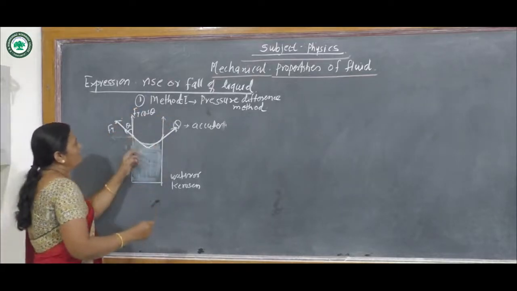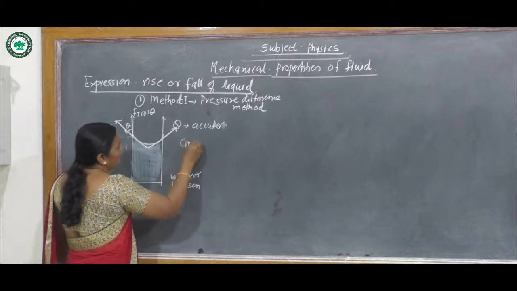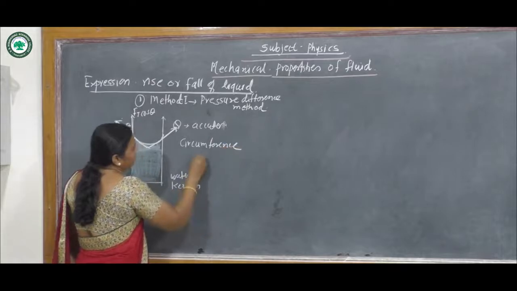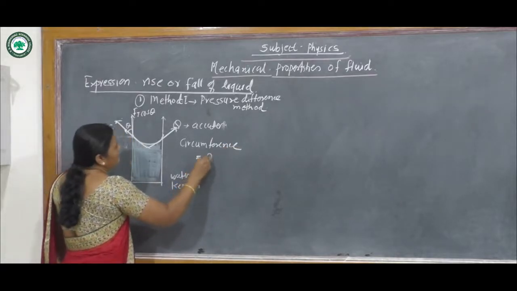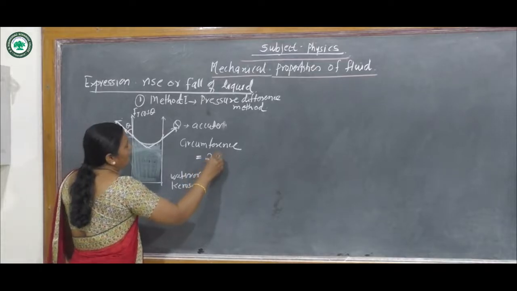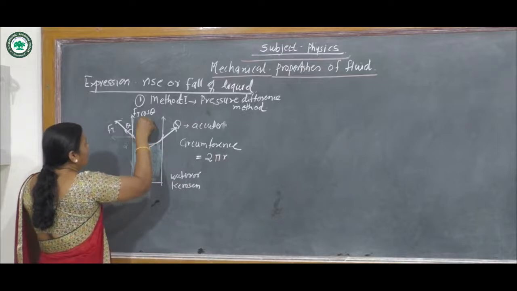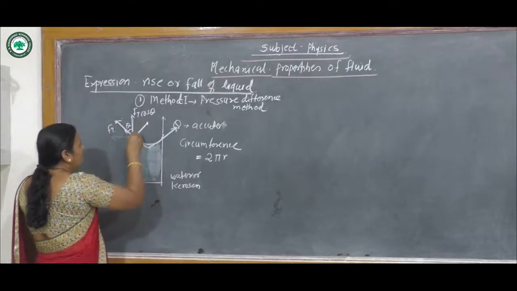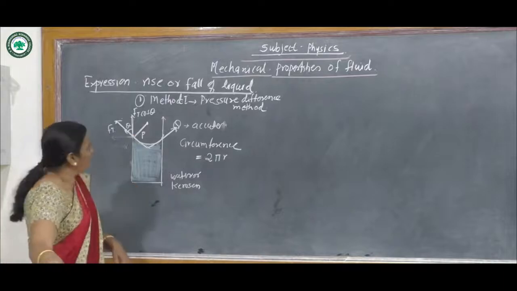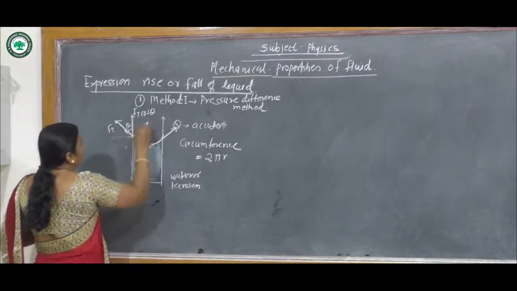The length of the meniscus is the circumference here, and the circumference is nothing but 2 pi r. Now suppose capital R is the radius of this meniscus.